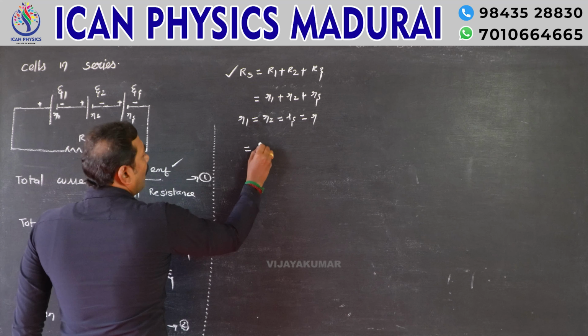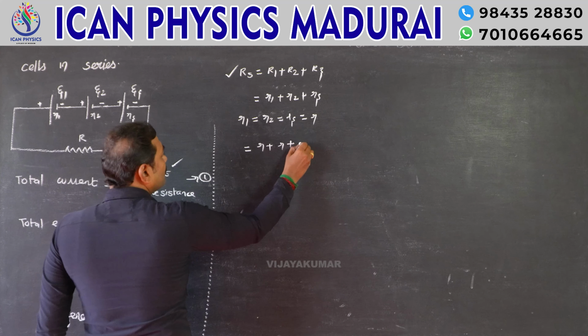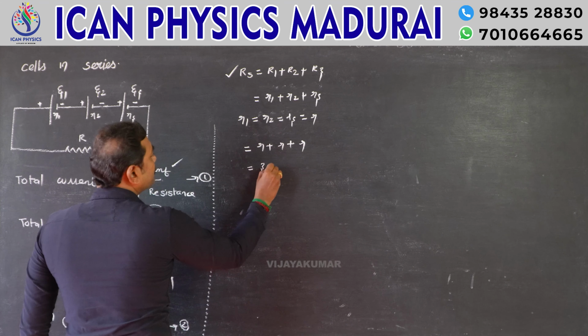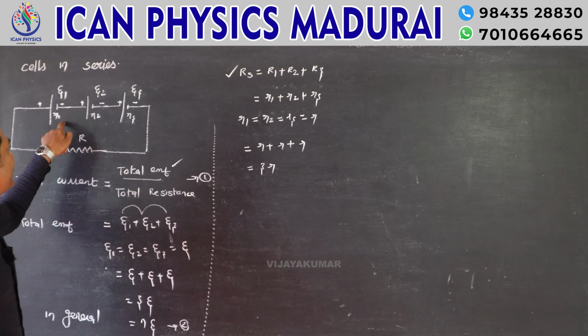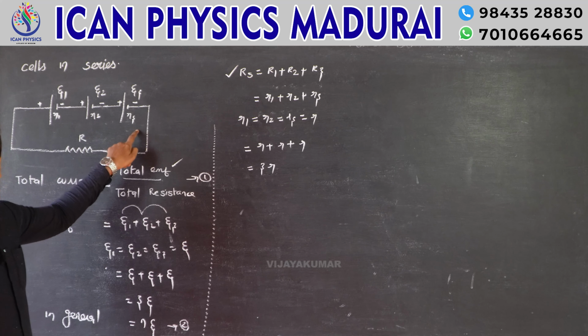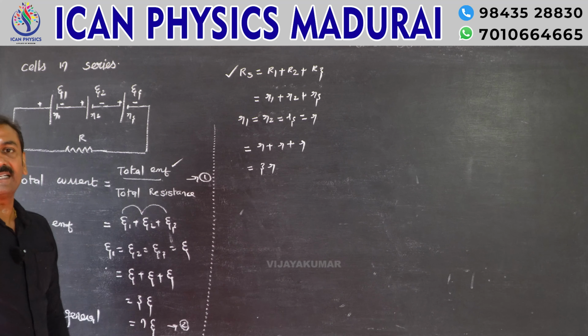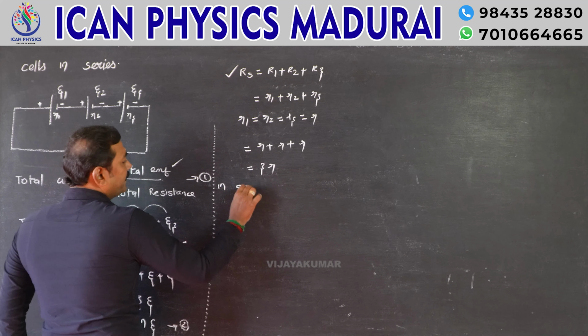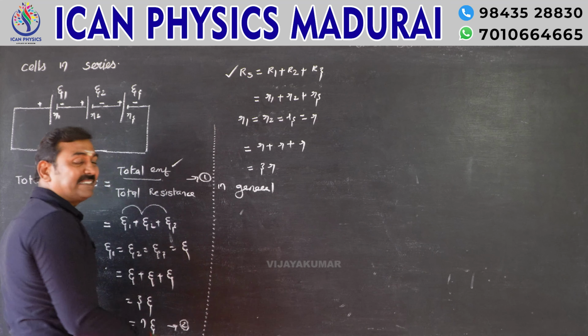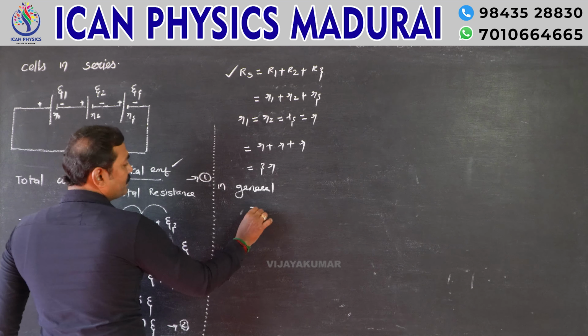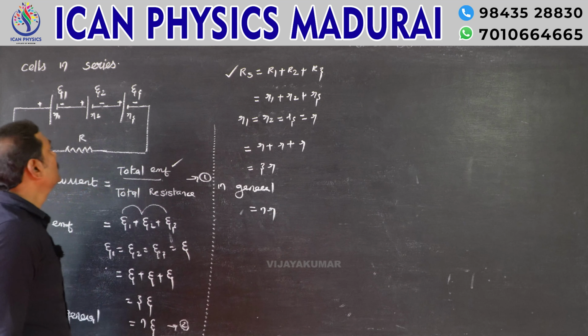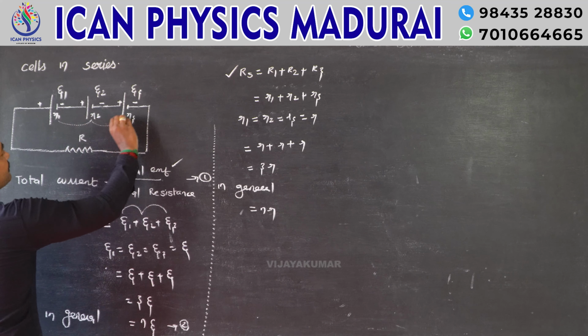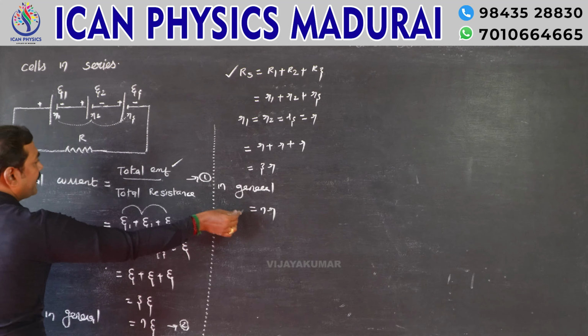Then r plus r plus r becomes 3r, since we are connecting 3 cells. In general, when n cells are connected, it becomes nr.